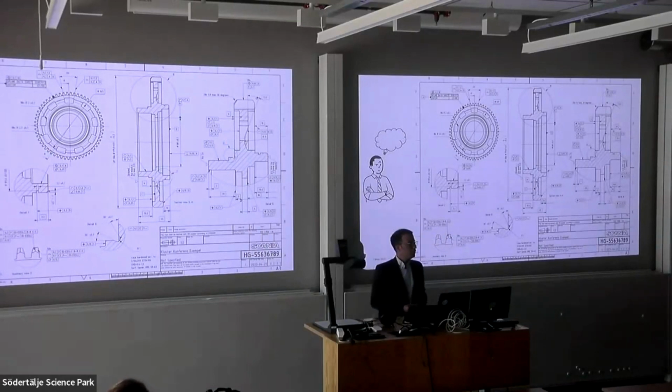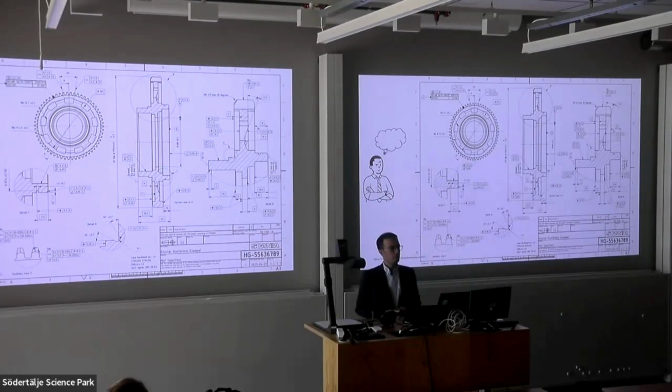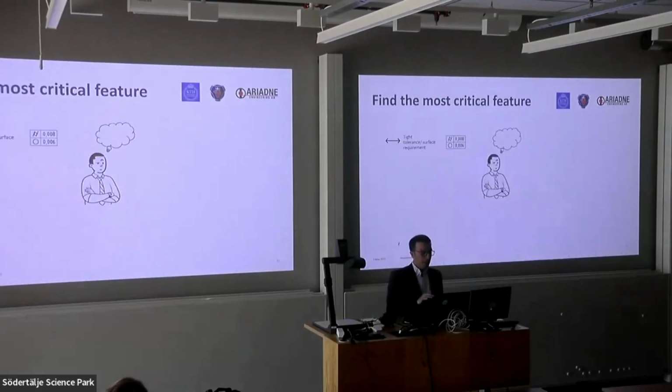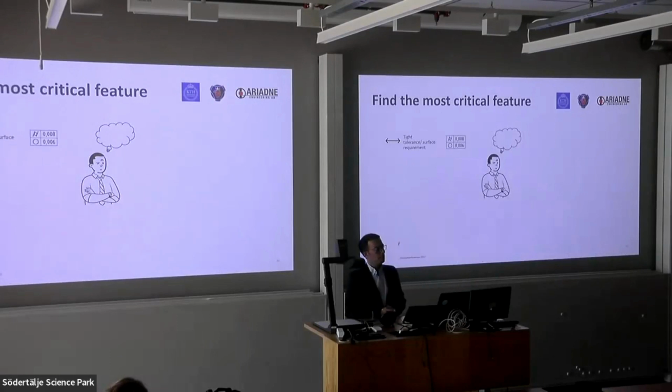We want to see how a process planner thinks when he or she deals with a new product, with a new drawing, with a lot of information. Where should he start, and what features would be the most challenging for him or her? Maybe he thinks that a feature with the tightest tolerances would be the challenging one.